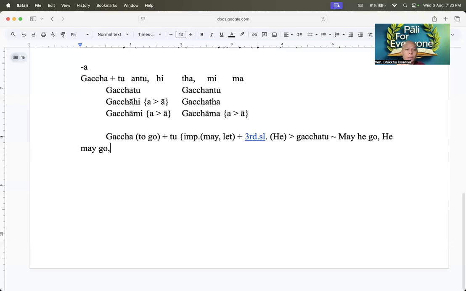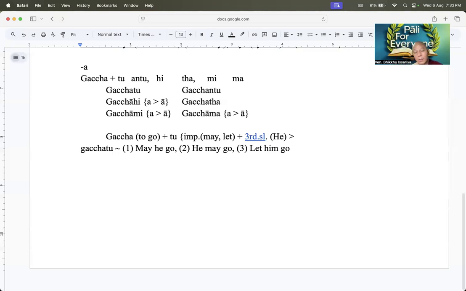Or the other way, let him go. So in this way, gacha do can be understood in three ways in meaning, but the same sense, because of English usage. Using may or let, but may at the very beginning, or in the second place also: may he go, let him go, or he may go, like that.